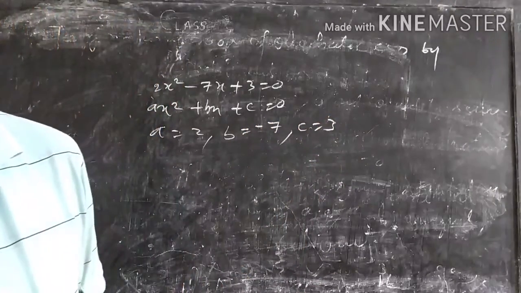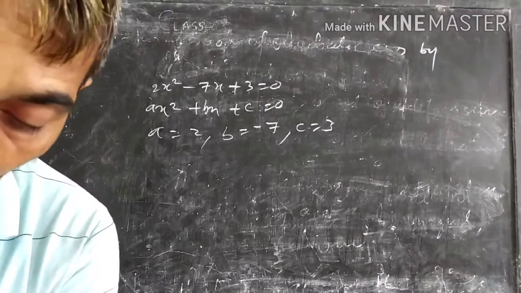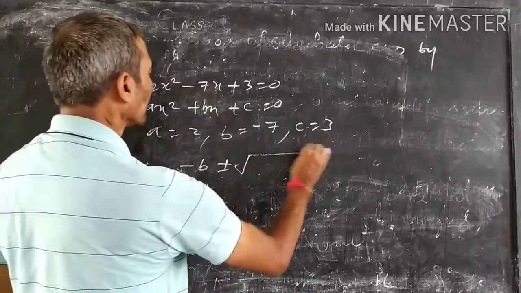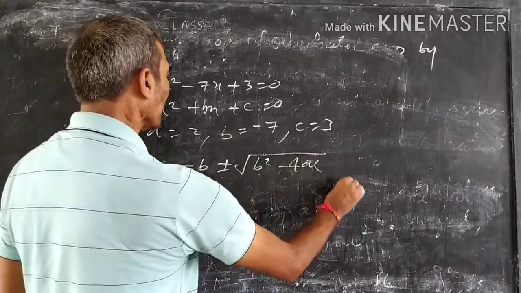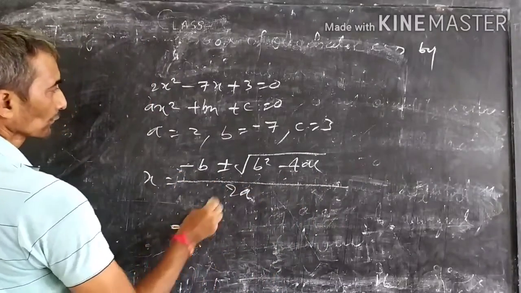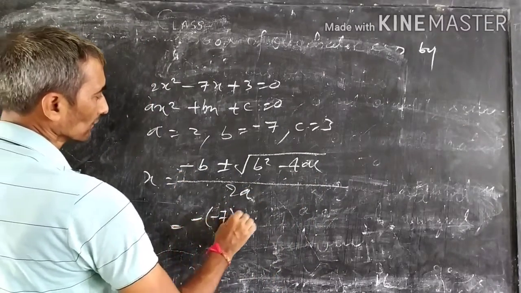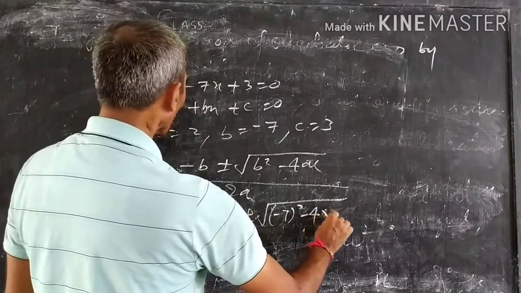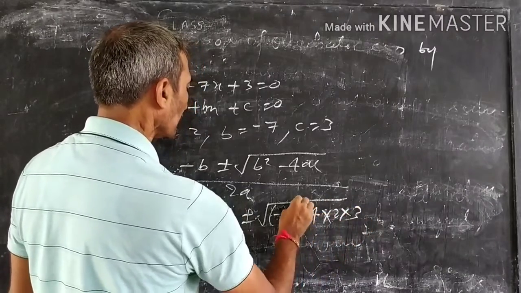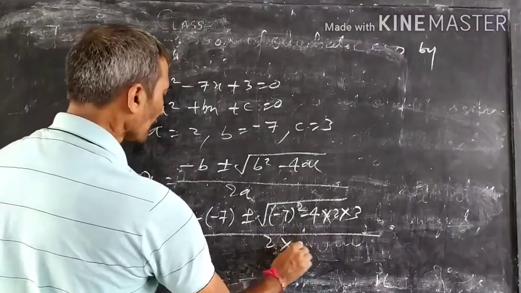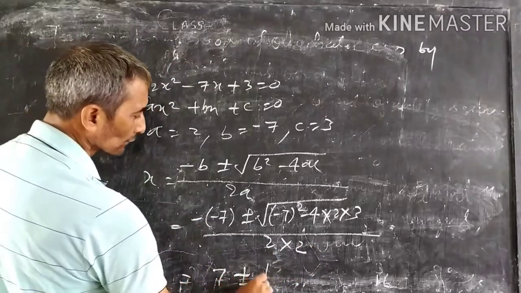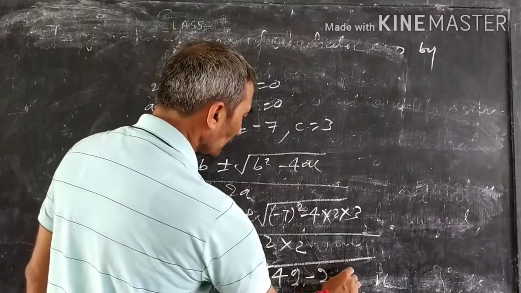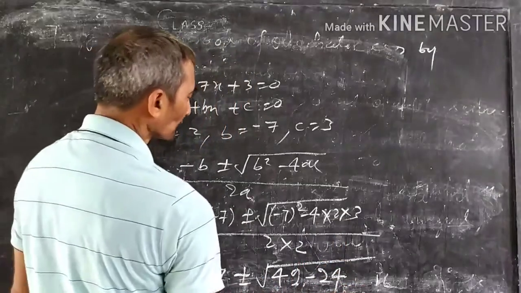And also we know that x is equal to minus b plus minus root of b square minus 4ac upon 2a. Using this formula, minus of minus 7 plus minus root of minus 7 square minus 4ac upon 2a, calculated: 7 plus minus root of 49 minus 24 upon 4.